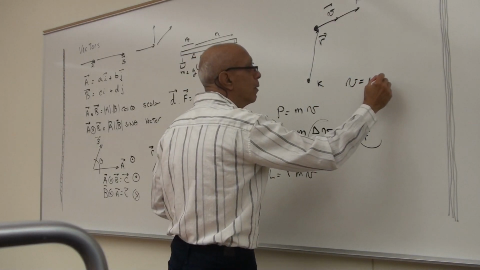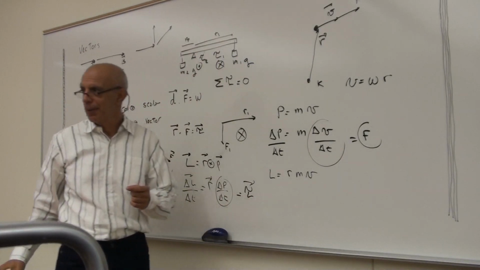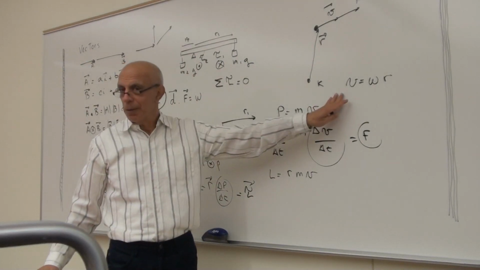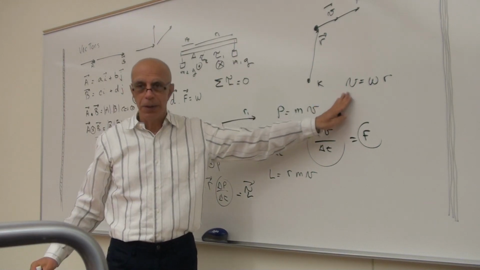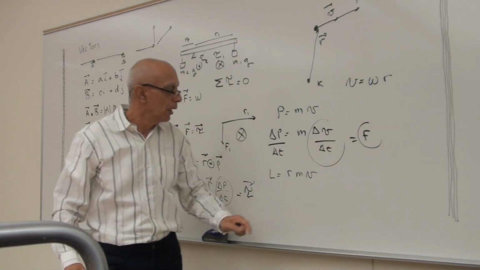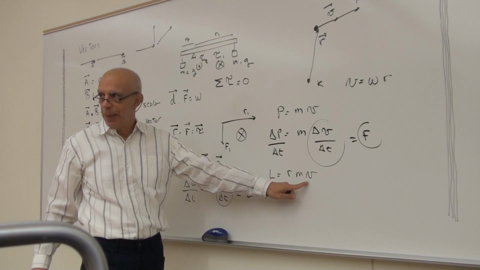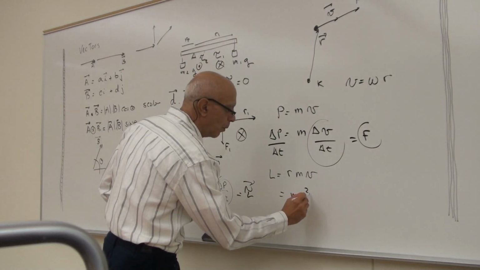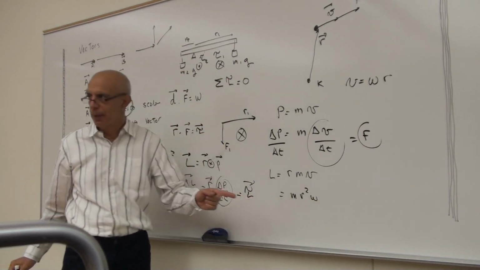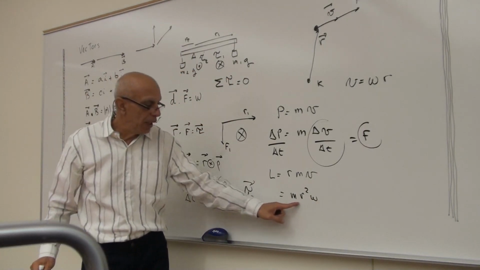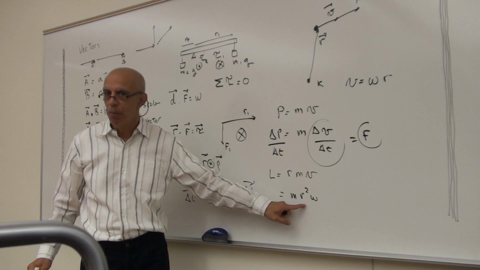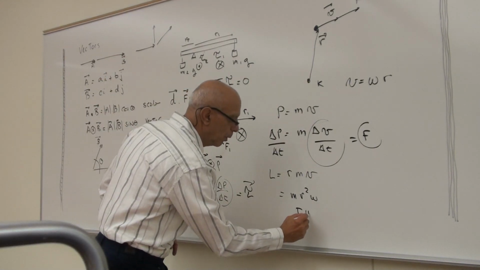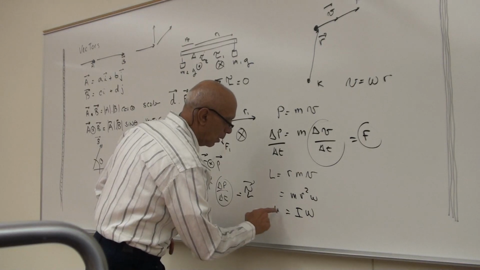The angular speed times R, right? You guys remember that? So I showed that this is equal to that one. When I place that here, I'm going to have m r squared omega, right? So this here is what we call the moment of inertia, I. Moment of inertia, times omega.